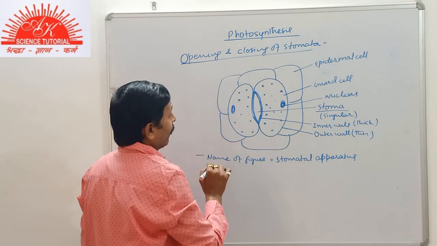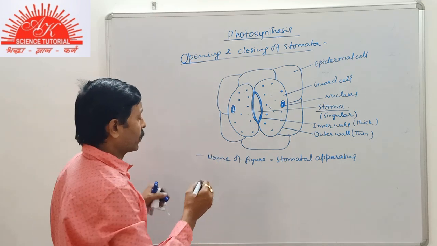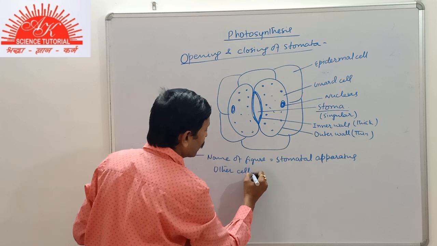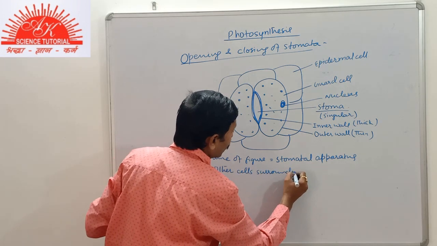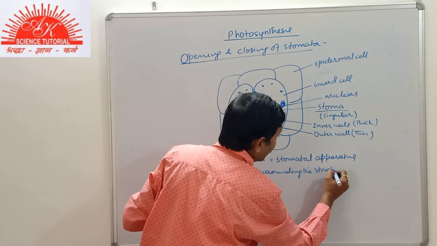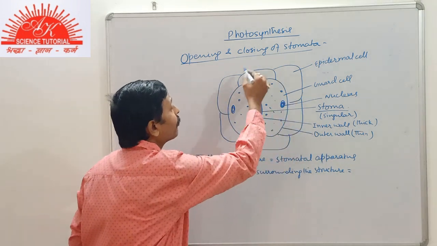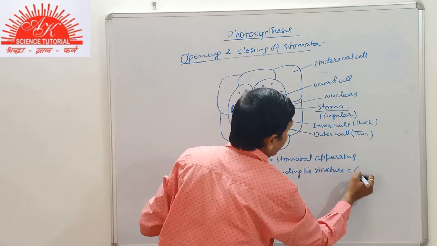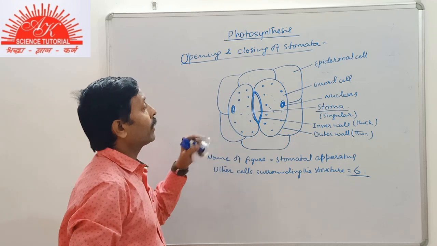And now, how many other cells are surrounding this structure? While answering this question, you will have to count the other epidermal cells. That is 1, 2, 3, 4, 5 and 6. So these are the other surrounding epidermal cells.